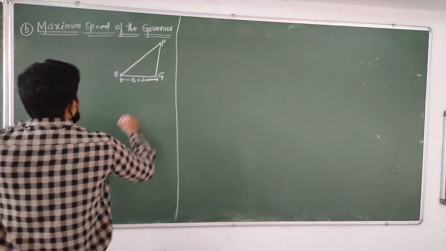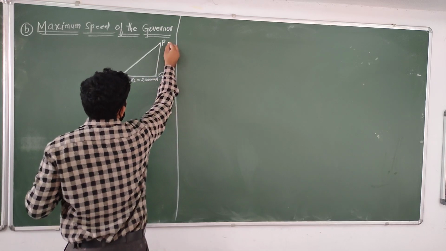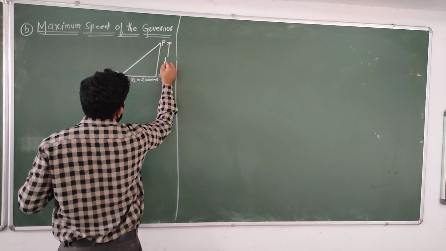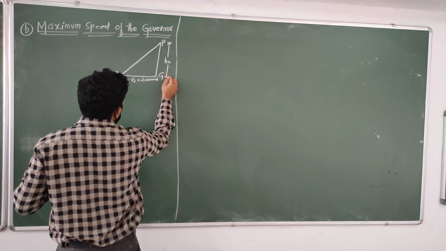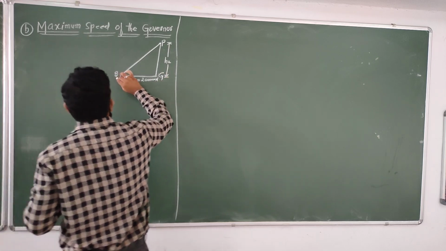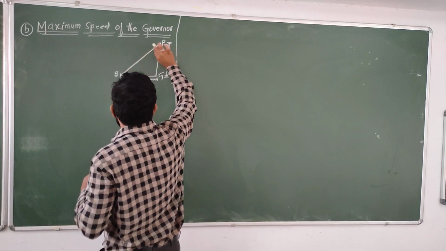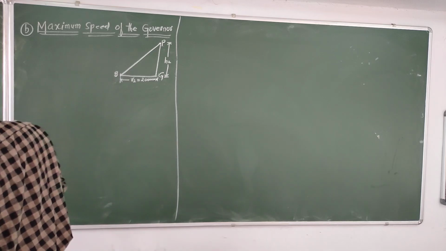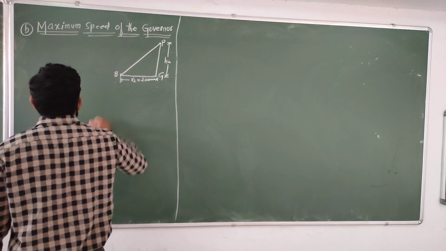And the height of the governor PG is represented by height H2. We need to find out the height. And the arm length from B to P is given as 250 mm.